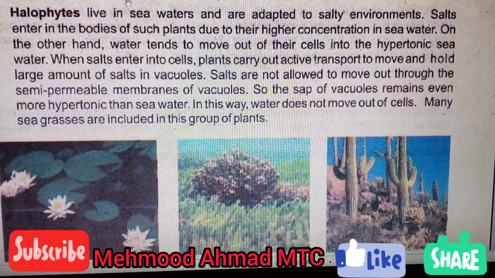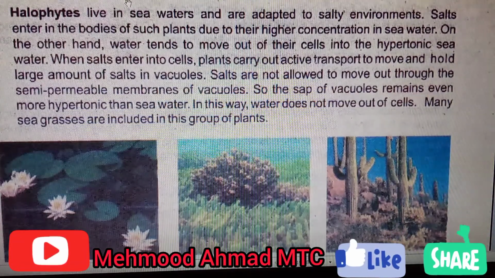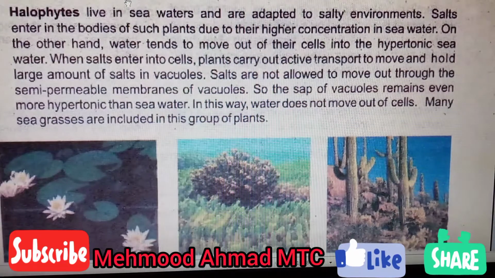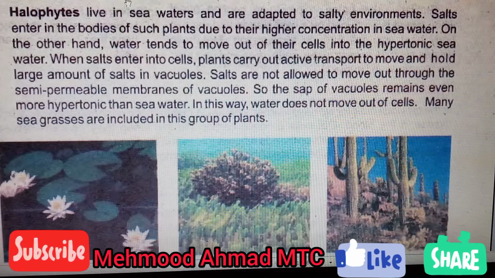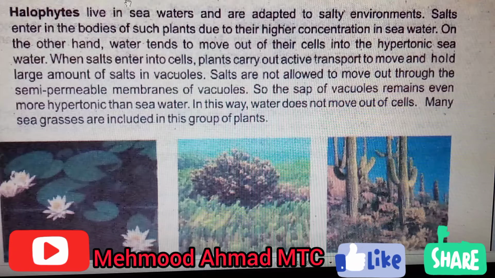Students, third is halophytes. Halophytes live in sea waters and are adapted to salty environments. Salts enter the bodies of such plants due to their higher concentration in sea water. On the other hand, water tends to move out of their cells into the hypertonic sea water. When salts enter into cells, plants carry out active transport to move and hold large amounts of salts in vacuoles.